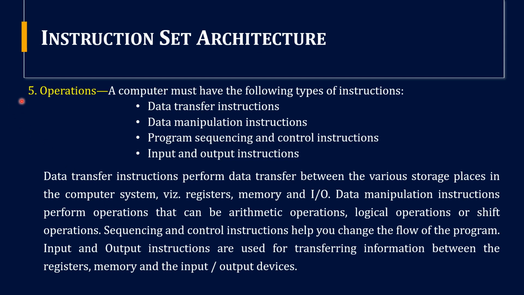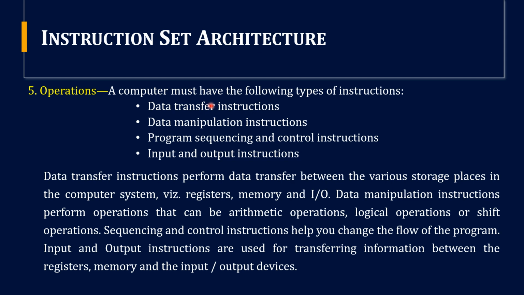Now let's move on to the fifth dimension, that is the operations. The operations to be performed in a computer should include the data transfer instructions, data manipulation instructions, program sequencing and control instructions, and input and output instructions.